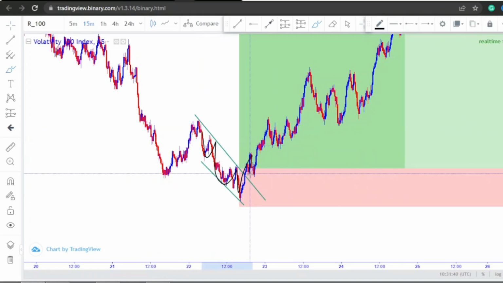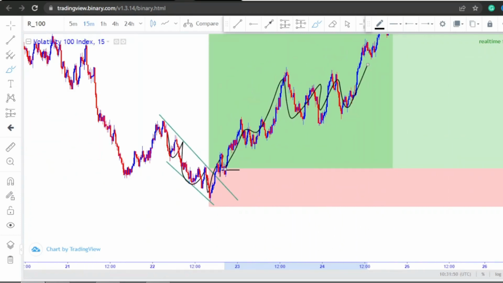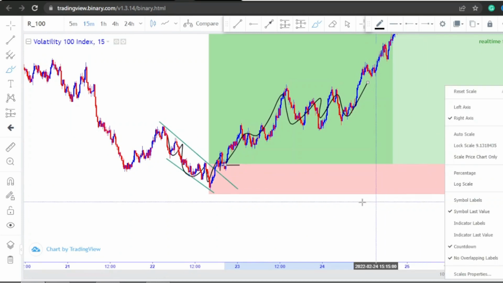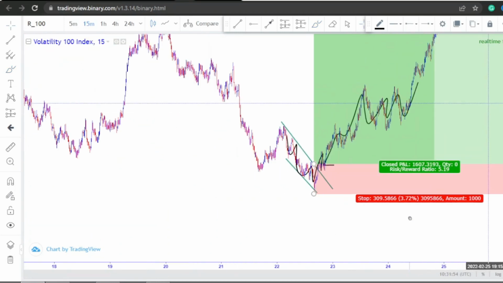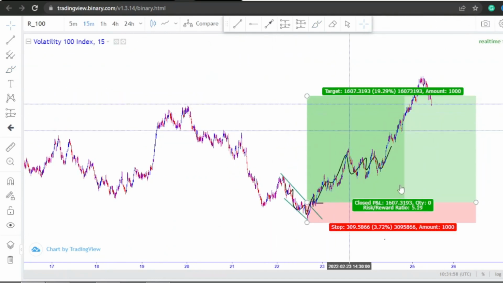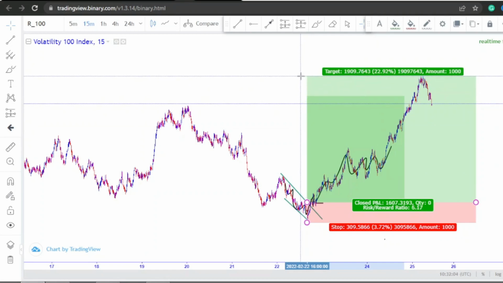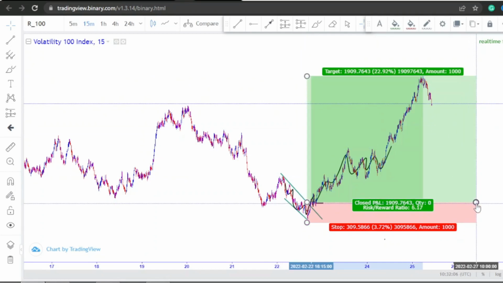So I was waiting for a break and retest for me to enter, and you can see I entered at the retest. Then you can see it went all the way up, did some consolidation, and went further and further, and it actually never came back. Our target was 5.19, but the market went all the way up to around 6.17.